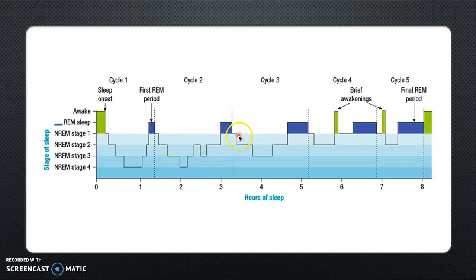So you'll start to see here, you get less deep sleep. So you may not even get a stage 4 sleep. You can, but that depth of sleep starts to drop off as we get to our 3rd, 4th, 5th, 6th cycle. And so instead of sleeping as deeply, we do start to get these brief awakening periods. So this is our most important period of sleep, but this sleep is still important.